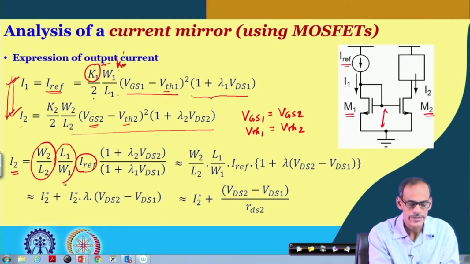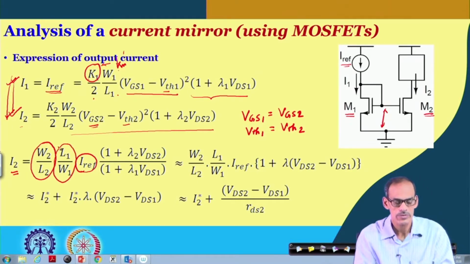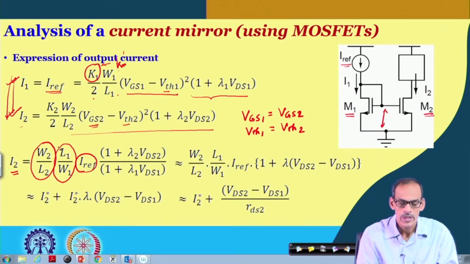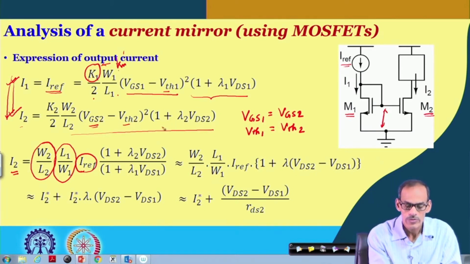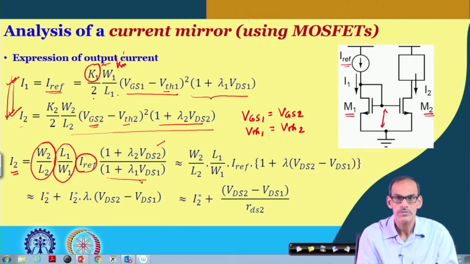That is the ratio of the aspect ratios of the two transistors, and then we also have 1 plus lambda VDS of transistor 2 divided by 1 plus lambda VDS of transistor 1.